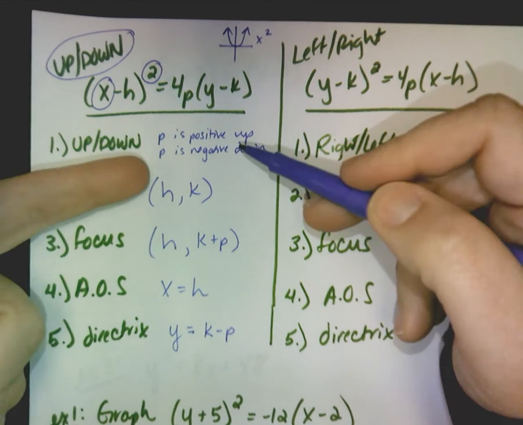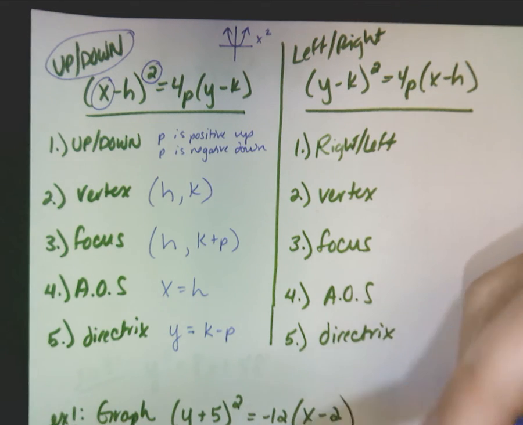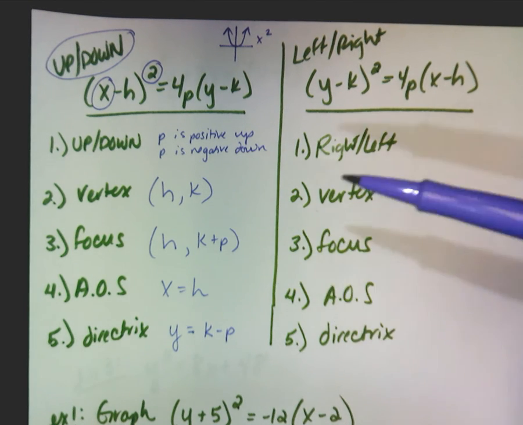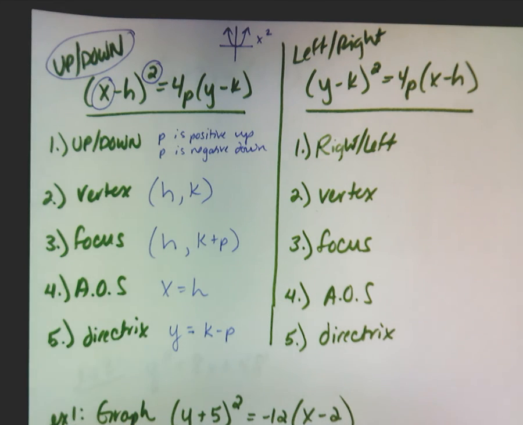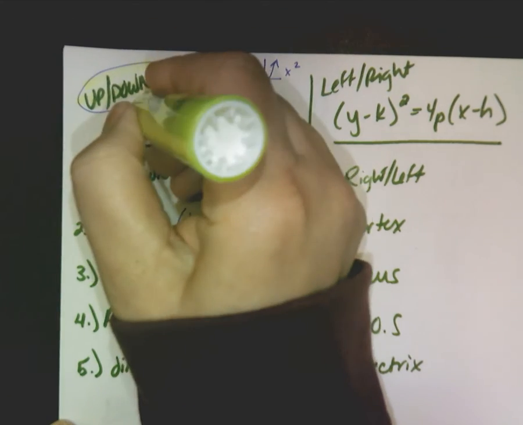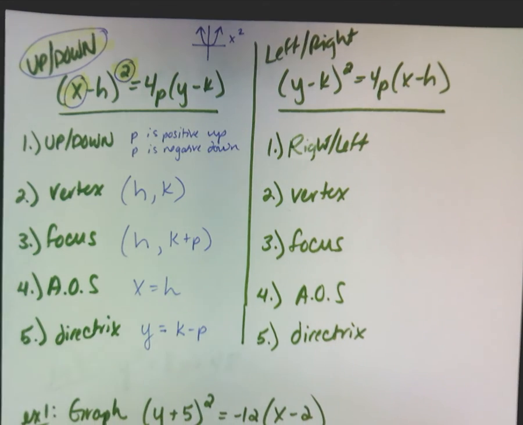Now again, I have a hard time memorizing these. I'm not going to expect you to. If you listen to how I do the next few examples, you won't need to. But for those of you who like this, I'm writing it down for you. All right, so really the most important part, if it's up or down, your x is squared. What if it's left or right?